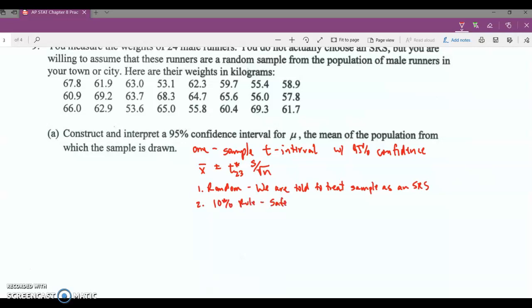It's safe to assume more than 10 times 24, which is 240 male runners. And then finally, large counts normality. I wish we had 30. We don't. So I'm going to have to graph this data.